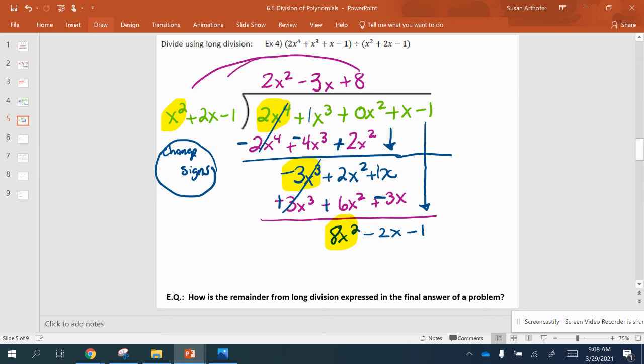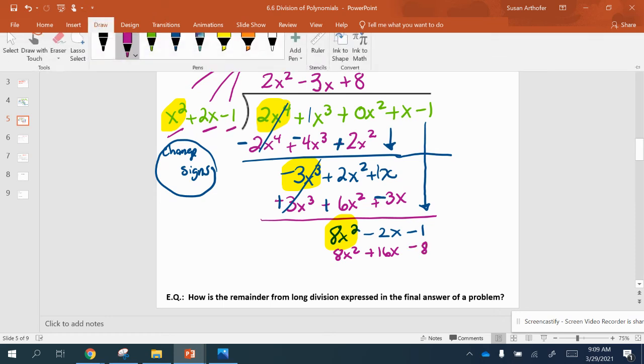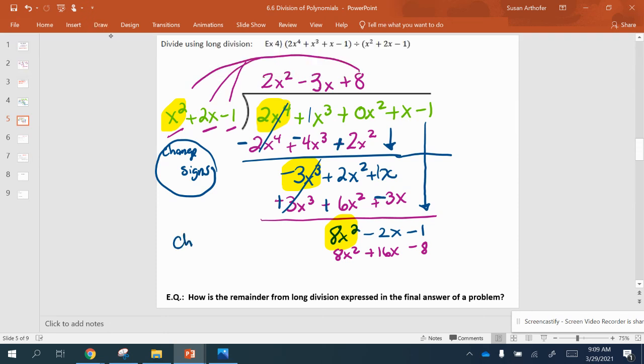And then I'm going to distribute that to all 3 items. 8 times x squared is 8x squared. 8 times 2x is 16x. 8 times negative 1 is negative 8. And then don't forget, change signs. Don't forget that part. So negative, negative, positive.